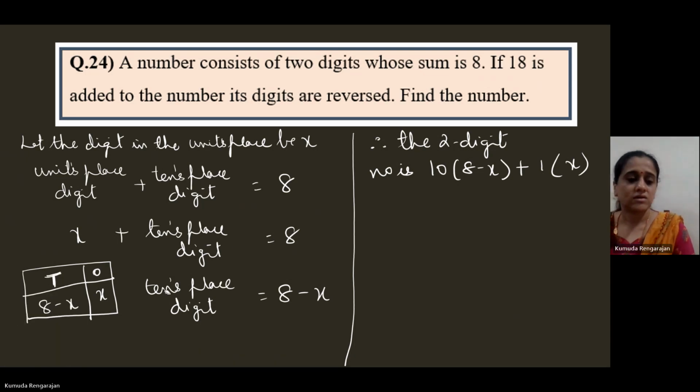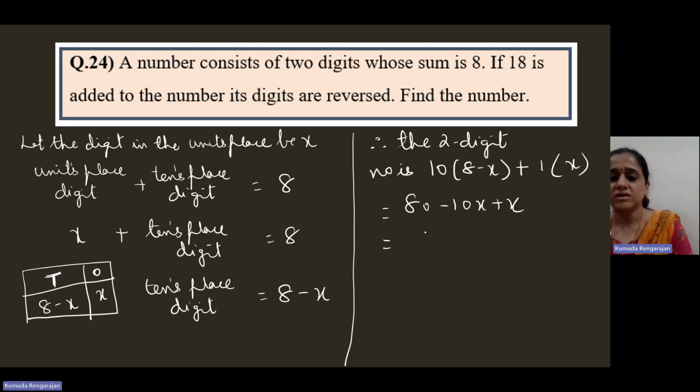So now 10 into 8 is 80, minus 10x plus x, which is 80 minus 9x. So 80 minus 9x is the expression for the two-digit number.